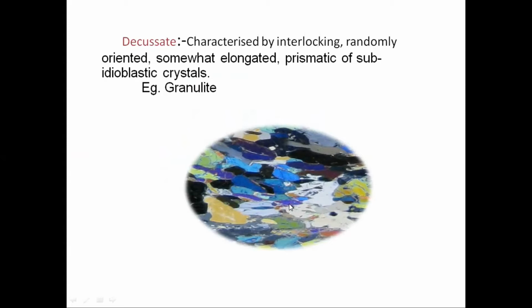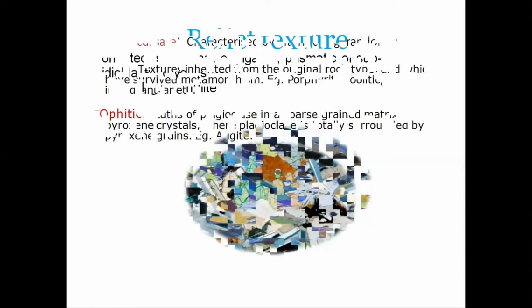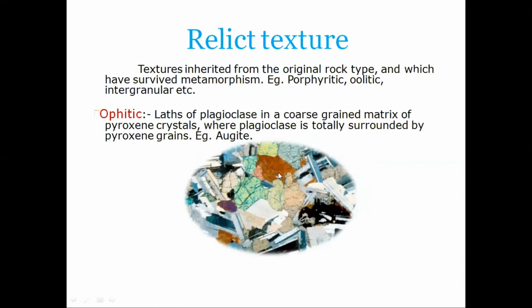For this type of texture, we have elongated minerals and long prismatic minerals, and this is a common texture in rocks we call granulite. Granulite is a metamorphic rock, high pressure metamorphism. It can show you the interlocking of minerals, and we call this type of texture Decoste texture.